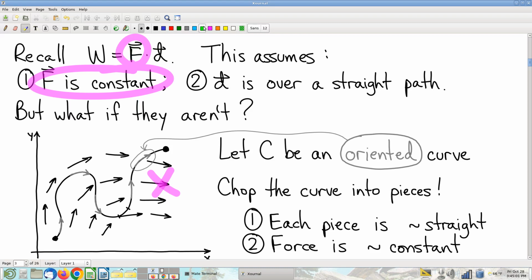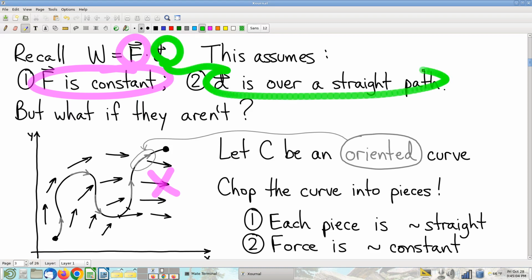This also assumes that your displacement is over a straight line path, which this isn't. So this formula doesn't work. You cannot just say work equals force dot displacement. It does not account for the curvature of the path. It doesn't account for the non-constant nature of the forces. So we're dead in the water on that.